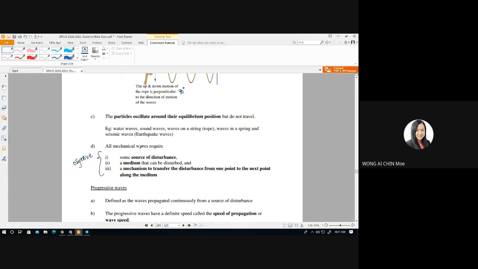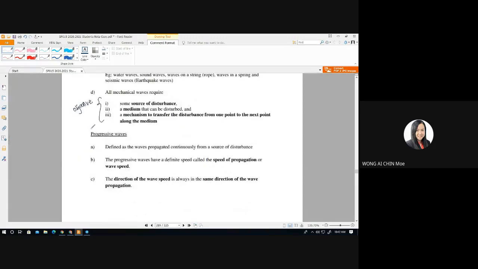So all mechanical waves require some source of disturbance, a medium that can be disturbed, and a mechanism to transfer the disturbance from one point to the next point along the medium. Okay, so these are the requirements for mechanical wave.